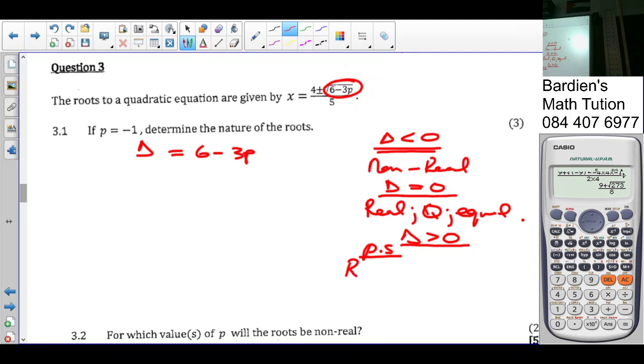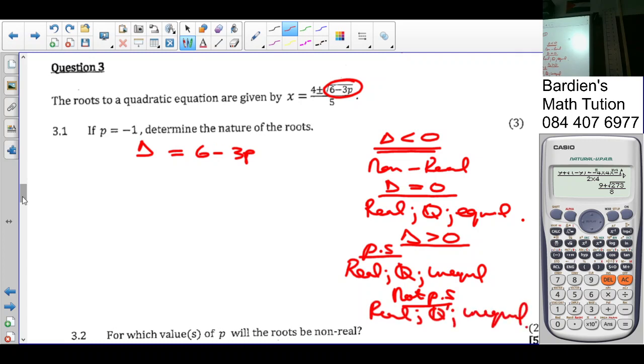It's real, rational, because it's a perfect square, the square root can be taken, and unequal. If it's not a perfect square, it will be real, irrational, and unequal. So the only time the roots are equal is if delta is equal to 0.